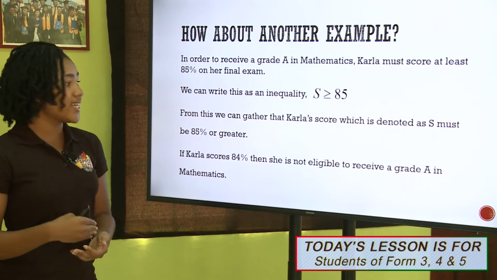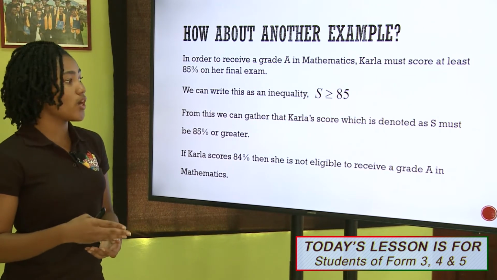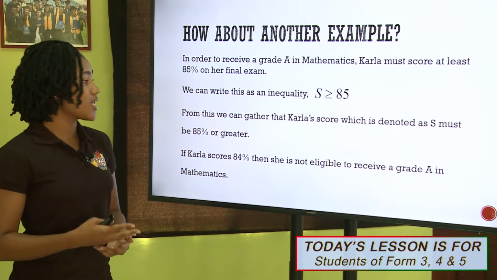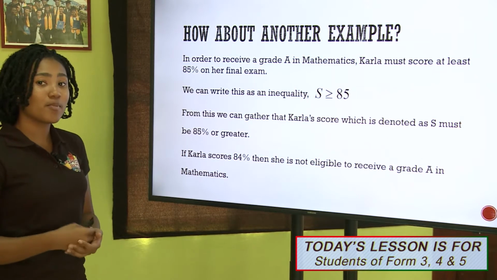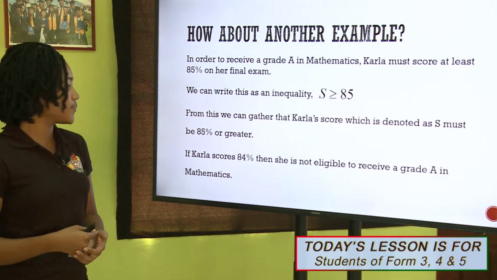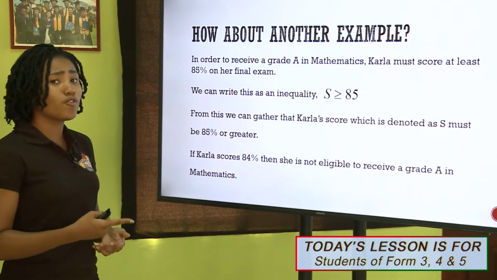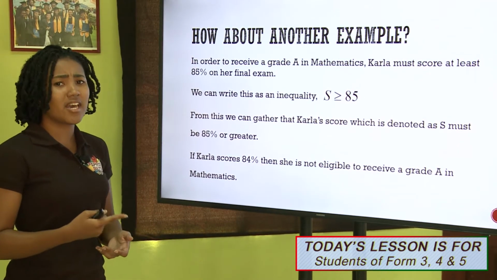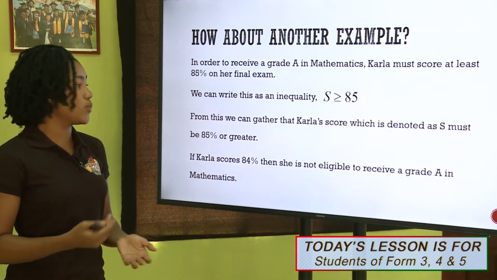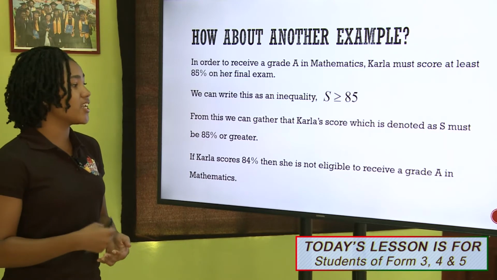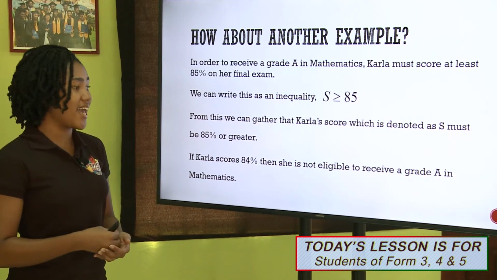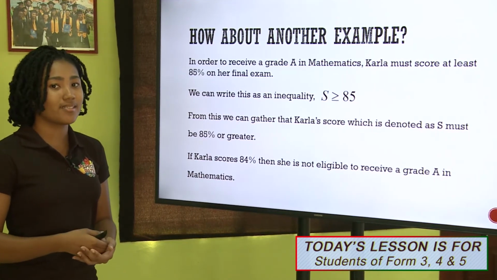From this, we can gather that Carla's score, which is denoted as S, must be 85% or greater. If Carla scores 84%, or even let's say 83, how about 82? Then she is not eligible to receive a grade A in mathematics.